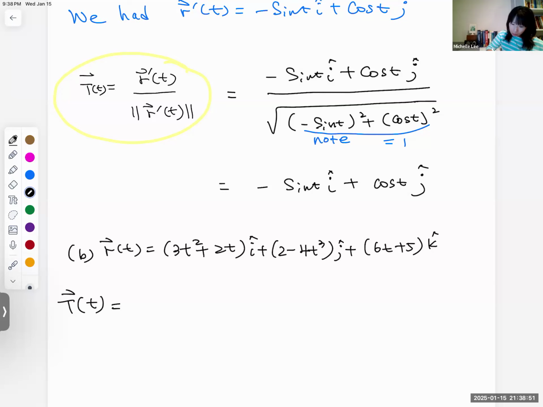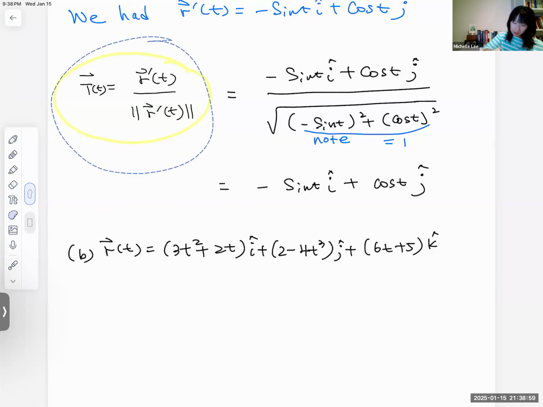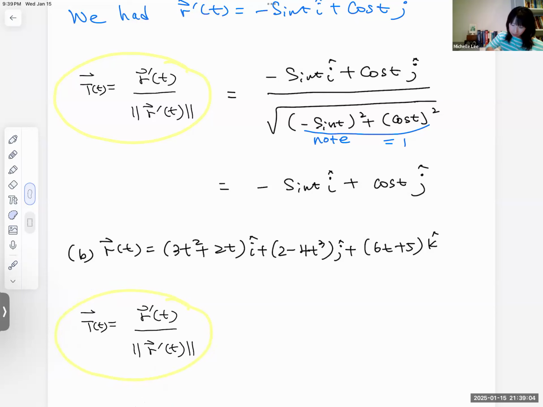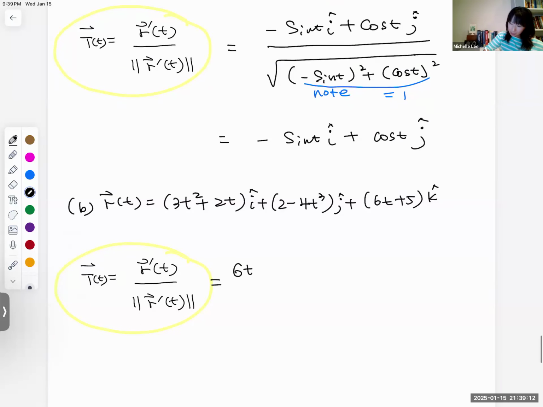So just copy. T equals r prime of t over its magnitude. So r prime of t is 6t plus 2 i hat minus 12t squared j hat plus 6 k hat, right?